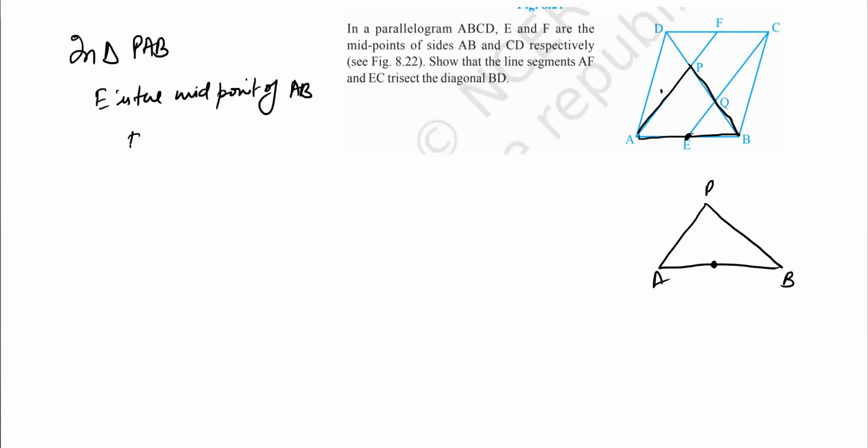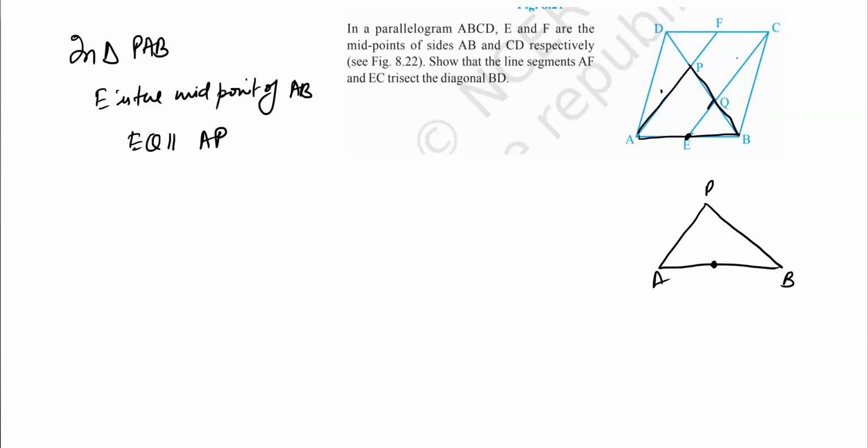And EQ is parallel to AP. Why? Tell me why EQ is parallel to AP. Because we have proved that this is a parallelogram, so this side will be parallel to this side.